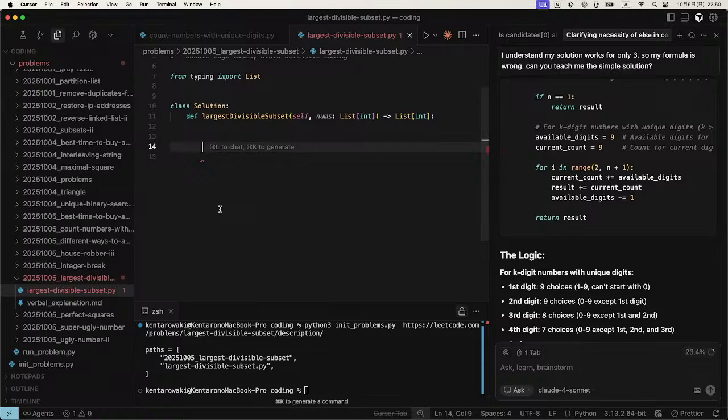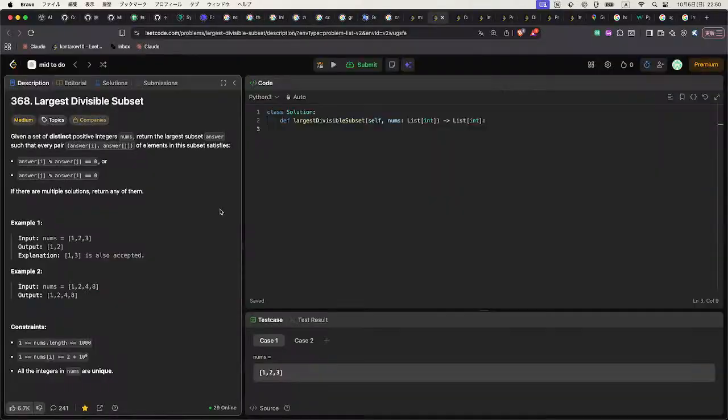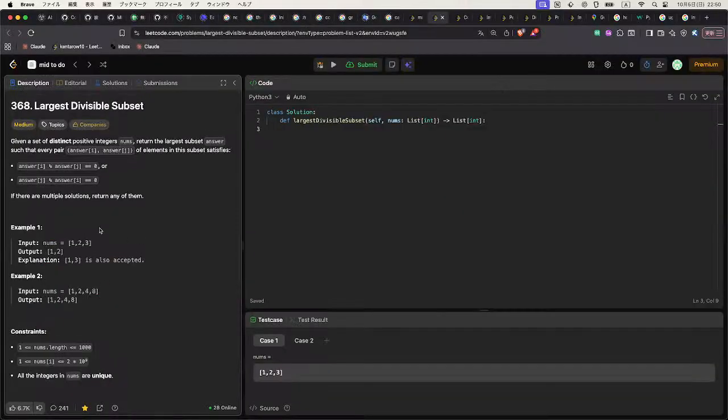There are subproblems. Let's think about this case. The 8 is divisible by 4, and 4 is divisible by 2.